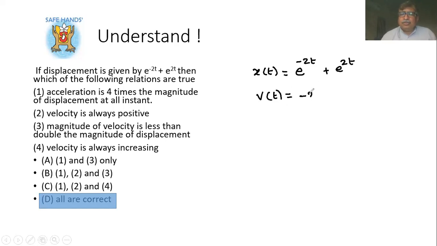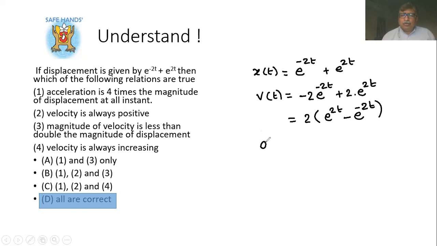It is minus 2 e to the power minus 2t plus 2 e to the power 2t. I can write this for easiness as 2 times e to the power 2t minus e to the power minus 2t.